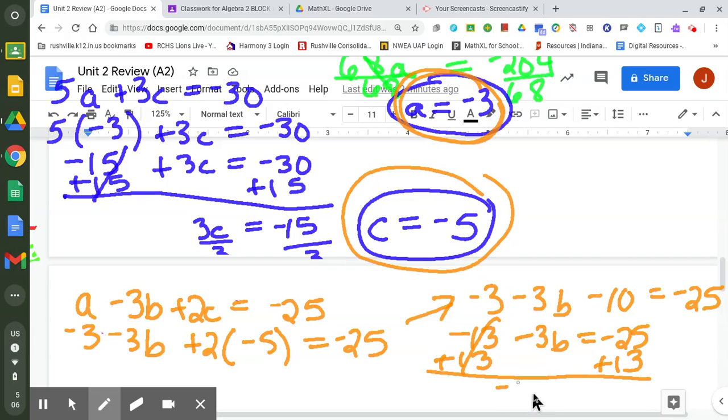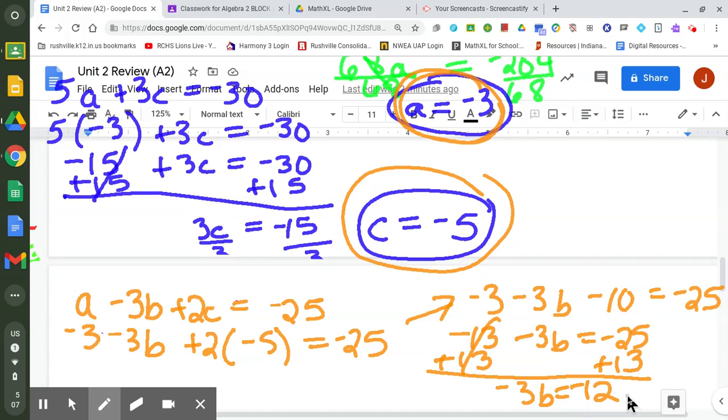And get negative 3B equals, and negative 25 plus 13 gives me negative 12.